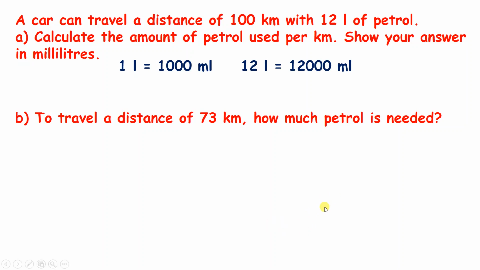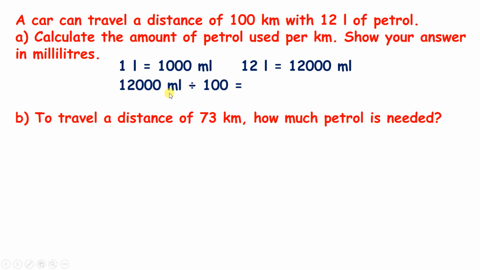Now, they've given us how much petrol it takes to travel 100 kilometres. So if we want to know how much it takes to travel 1 kilometre, we need to divide that number by 100.